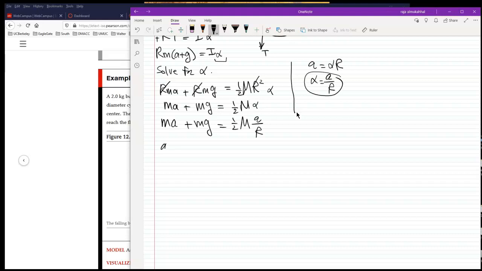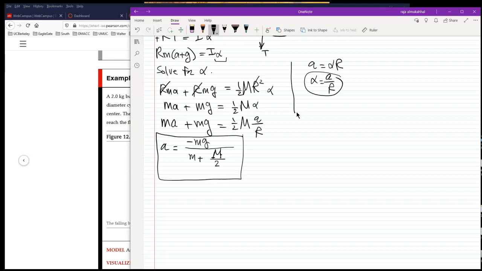Here it is, I already did it, I'm looking at it in my notes. So it's going to be minus mg, this is a small m, over small m plus big M over 2. Okay? There we go. I have an expression for A.